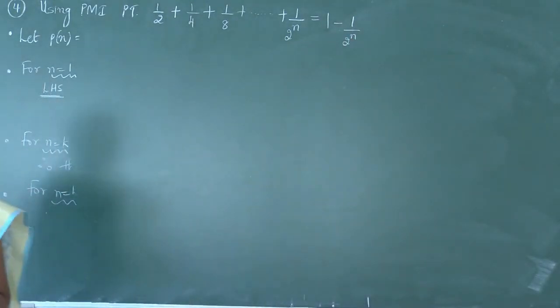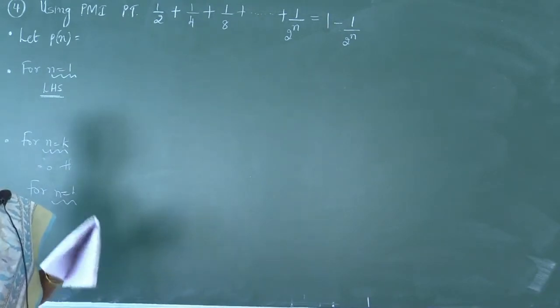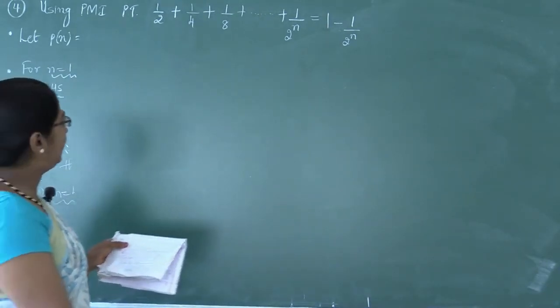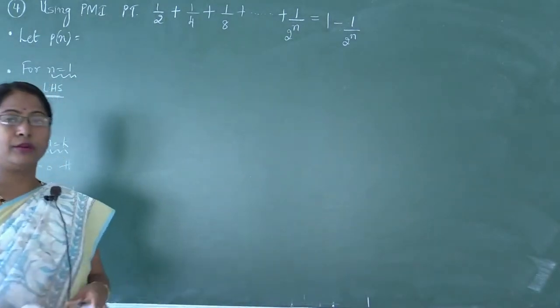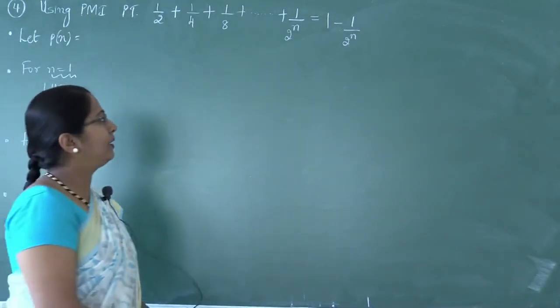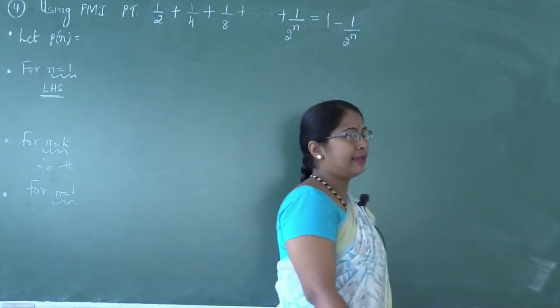Using PMI, prove that 1/2 + 1/4 + 1/8 + etc. + 1/2^n is equal to 1 - 1/2^n.